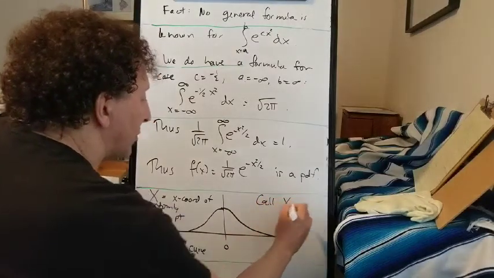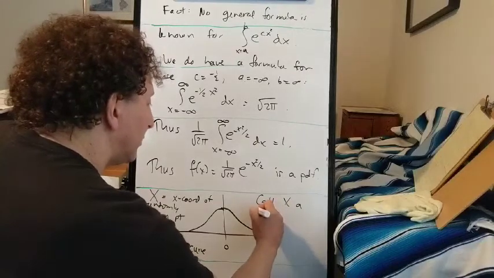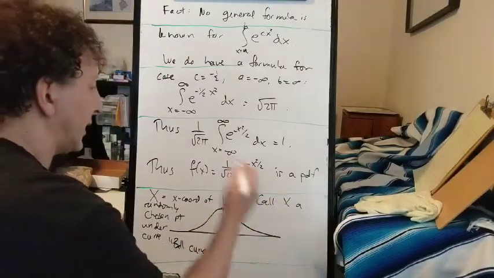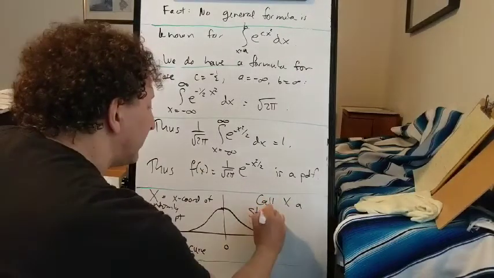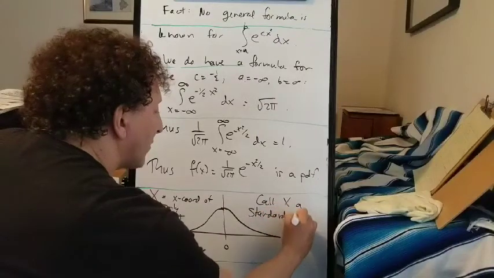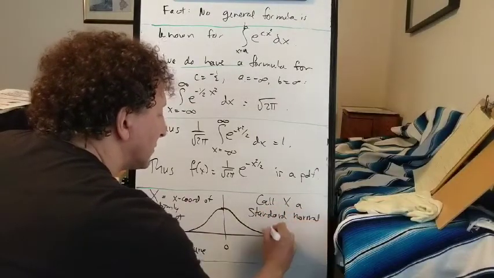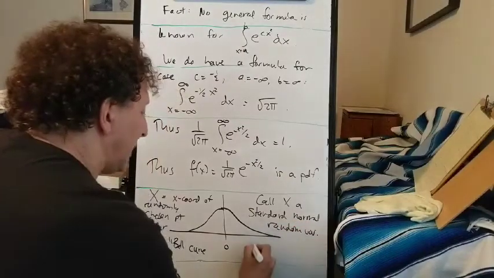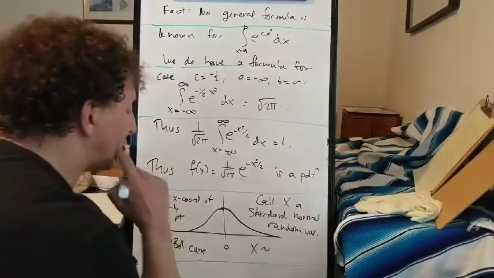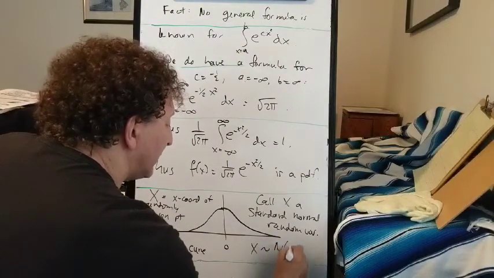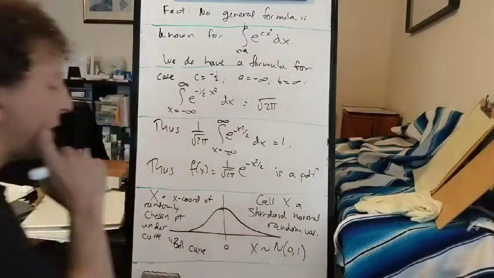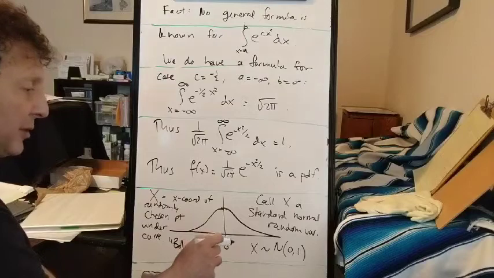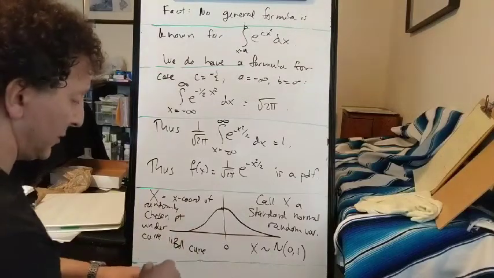So we call X a normal random variable, actually standard normal, and we write X is distributed as N(0,1). The expected value of X is 0 and the variance is 1.